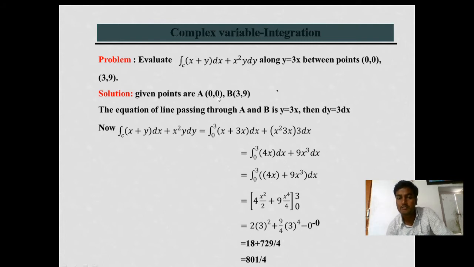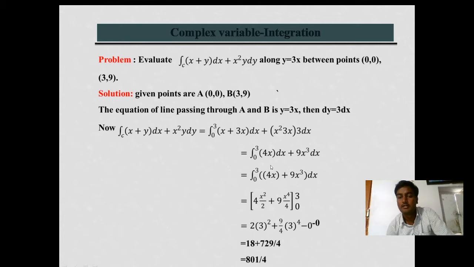Then x varies from, see, the points are given 0 0 and 3 9. That means it is x1 y1 and x2 y2. So x varies from 0 to 3. So integral 0 to 3, you replace y by 3x, x square y by 3x, and dy is 3 dx.